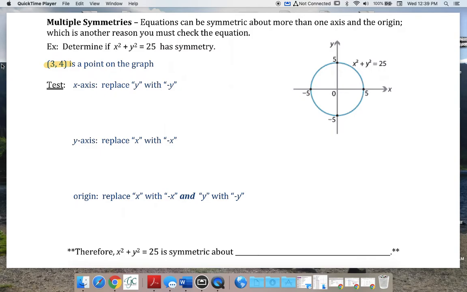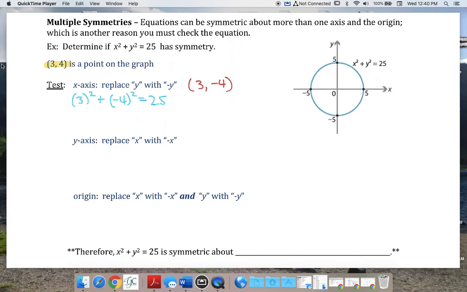So with x-axis symmetry, this is when we change the y value. So we'll keep the x value the same, but we will change the y value to a -4. This is what we're going to plug in to see if our graph has x-axis symmetry. So we'll plug in 3 for x and -4 for y, and then we'll simplify.